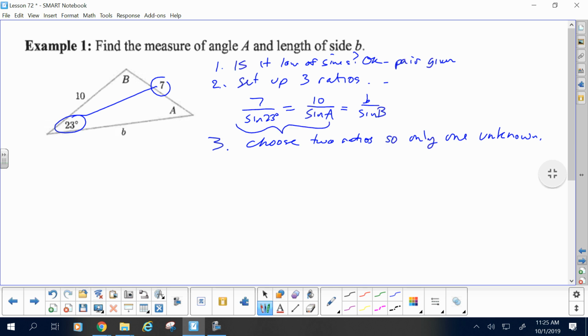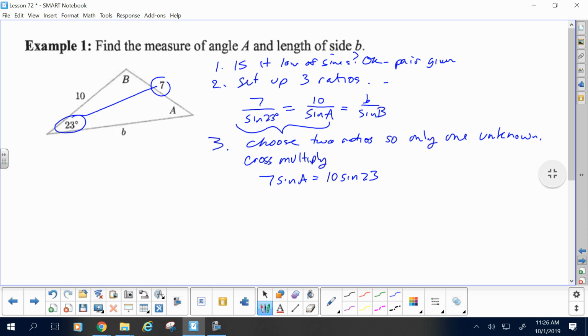Instead, I use those two, yeah? After I choose, I cross multiply. So the cross product is 7 sine of A equals 10 sine of 23. Do you see where I'm coming from? Then I want to get the angle A by itself.